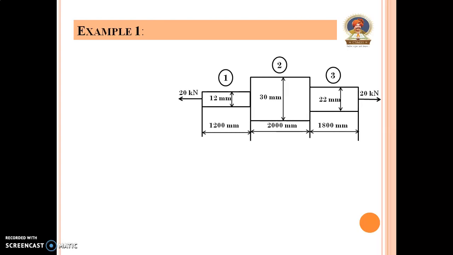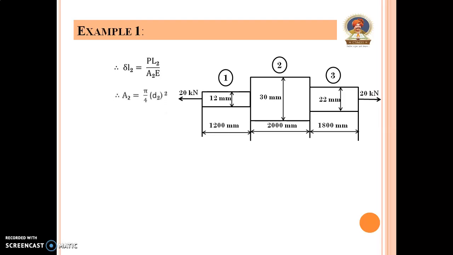Now we have to calculate delta L2 for this region. Here diameter is 30 mm. So delta L2 is equal to PL2 upon A2E. So first of all we have to calculate the area, and area for a circular bar we know that A is equal to pi by 4 D square.